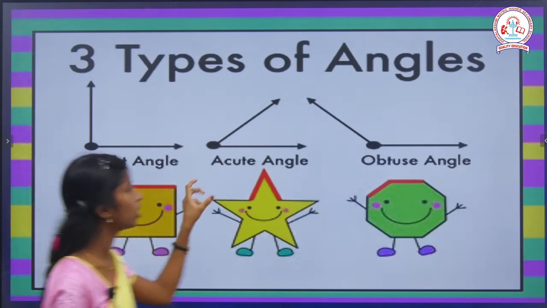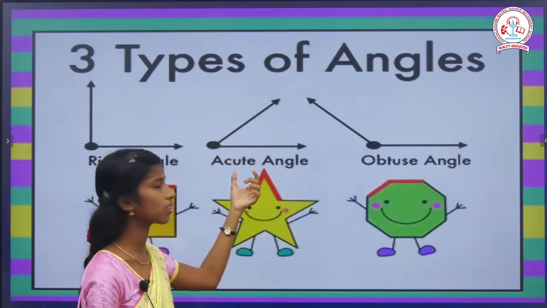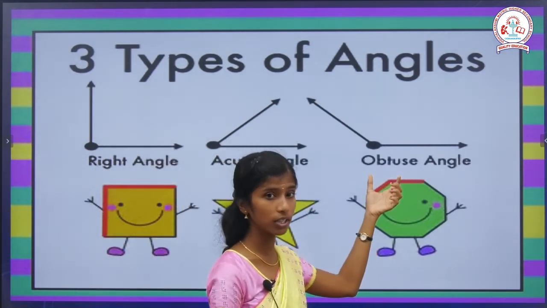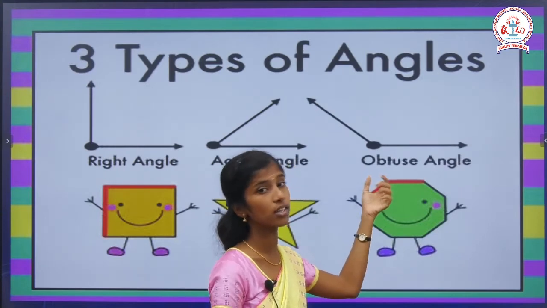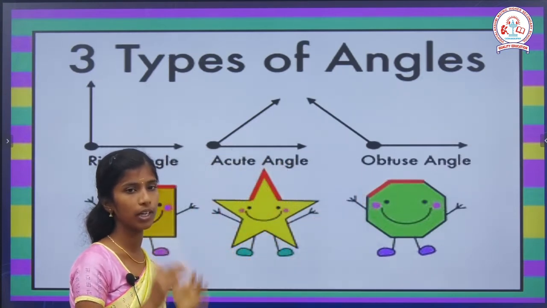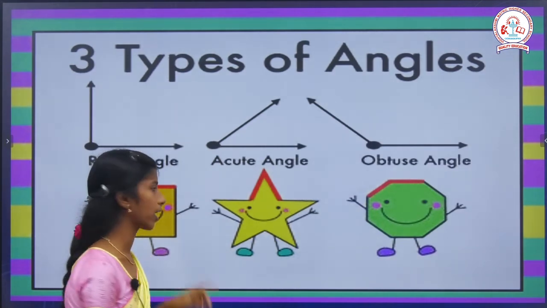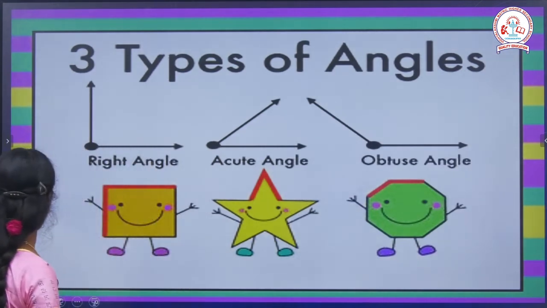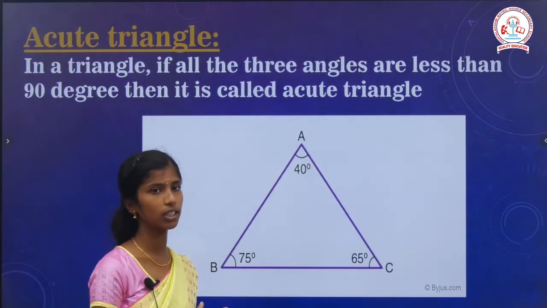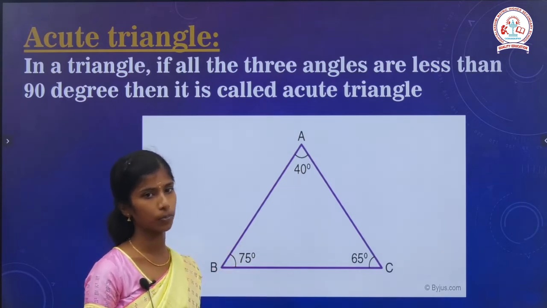Then if the angle is less than 90 degree, that is known as acute angle, and if the angle is more than 90 degree, that is known as obtuse angle. If you know all these three angles, it will be easy for you to know the other three types of triangles. Based on the angles we are classifying the triangles into three types: acute, right and obtuse.